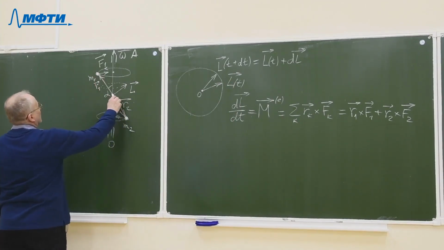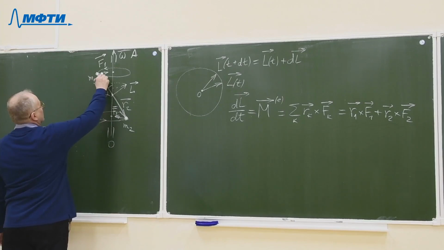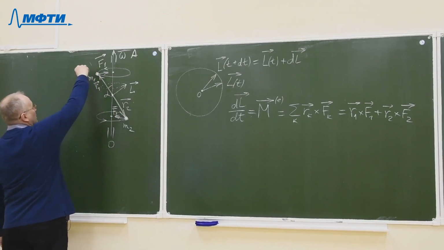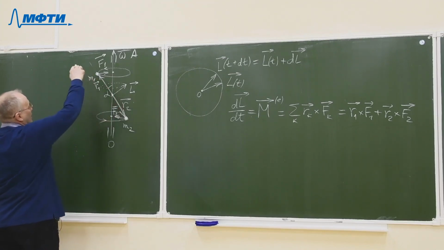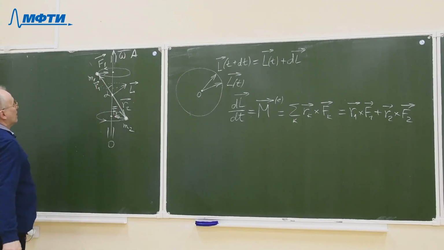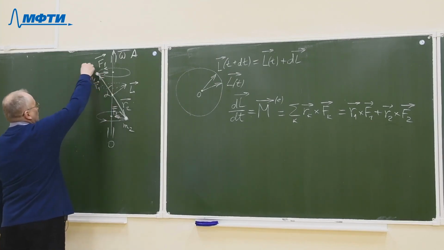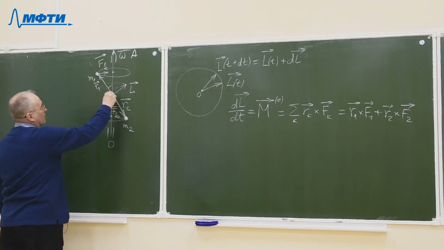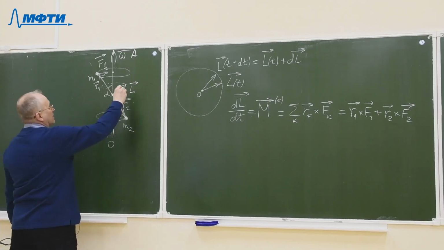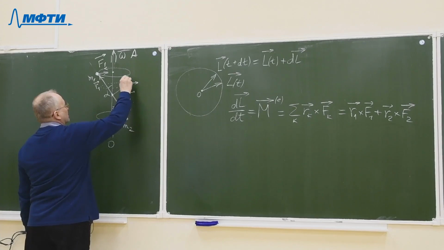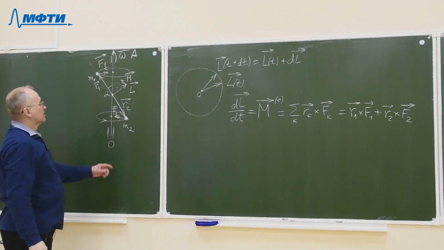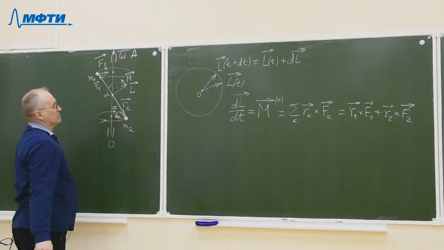R1 is multiplied by vector F1. If this is a vector product, we have to rotate vector R1 to coincide with F1, and the direction of this rotation obviously will be towards the blackboard, so that will be the direction of the torque of external force F1.